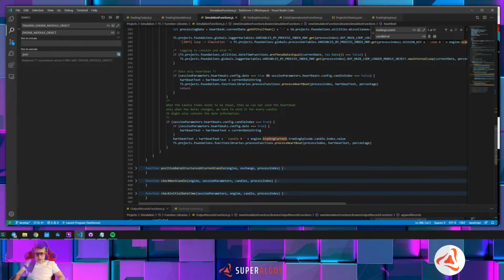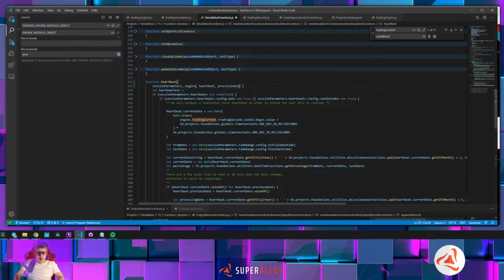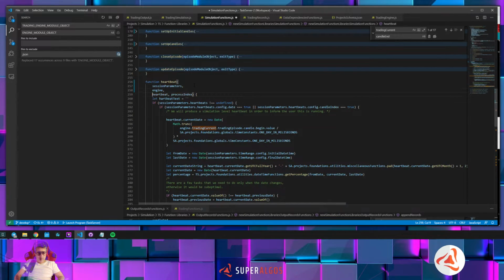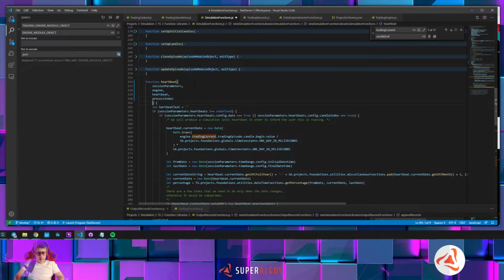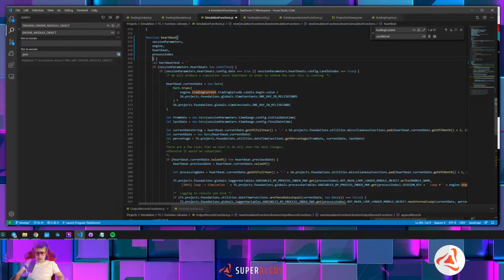Again, the episode candle. So with the episode candle, we solve this problem. We have it in two places.